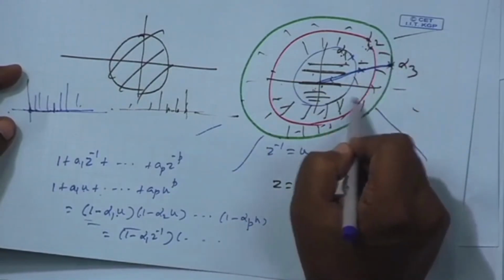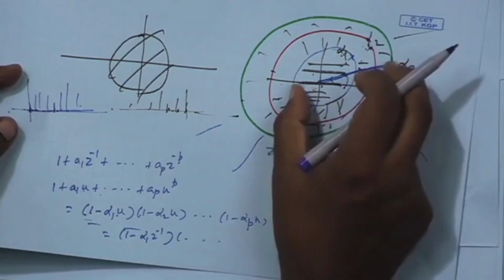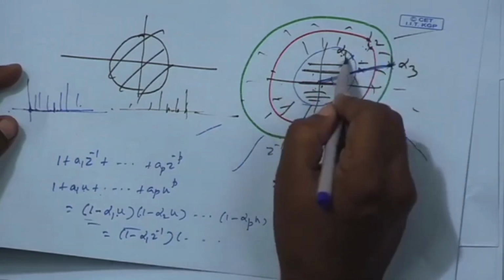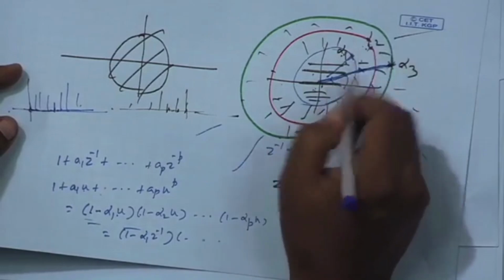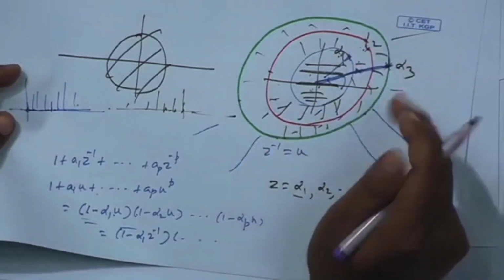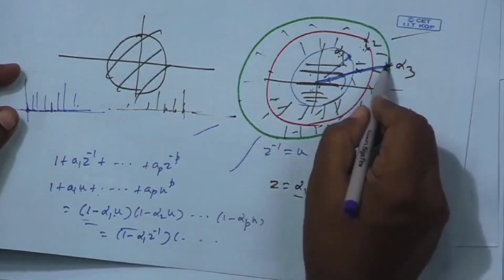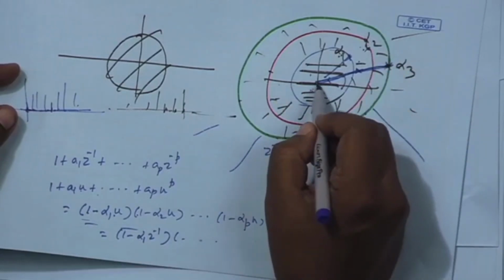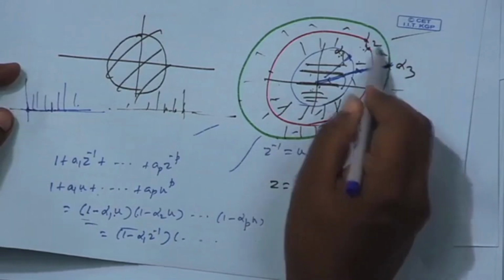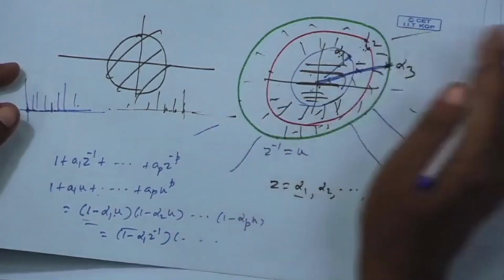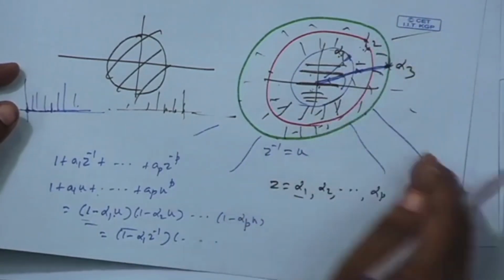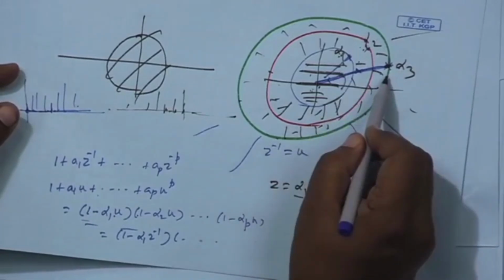Alpha 3 is a complex value. This is the magnitude, this is the angle. So, this much is mod alpha 3, this much is mod alpha 1, that much is mod alpha 2. So, you take that pole which has the maximum magnitude, that pole will be furthest from the origin. Now, draw a circle through this and go outside. So, this outside region cannot contain any of the poles.